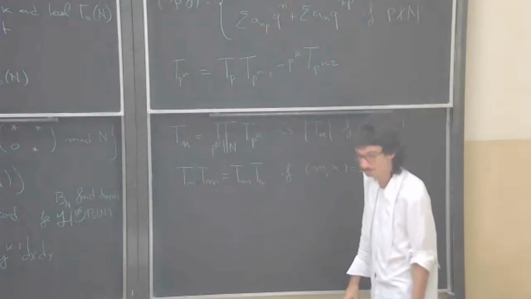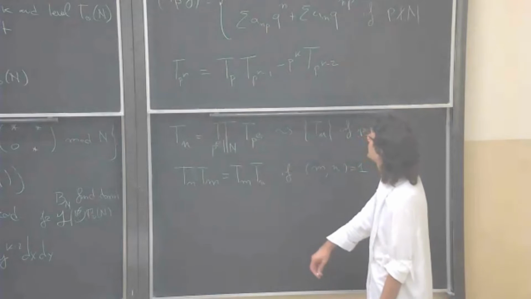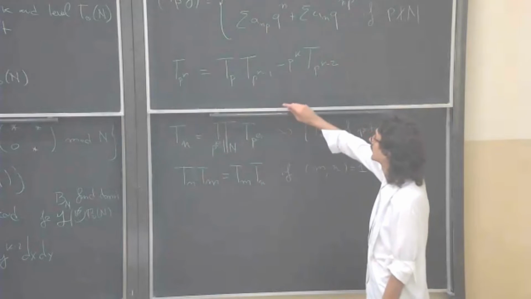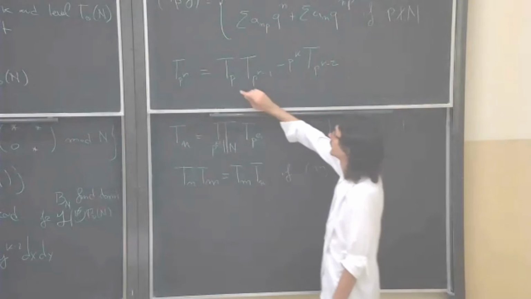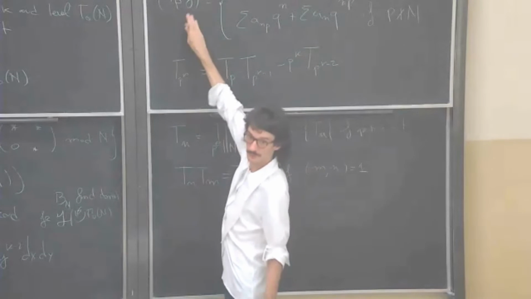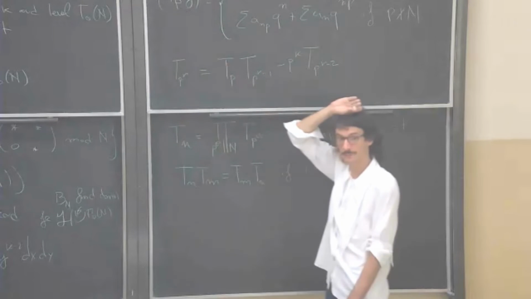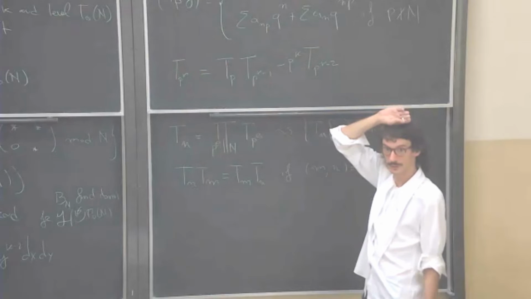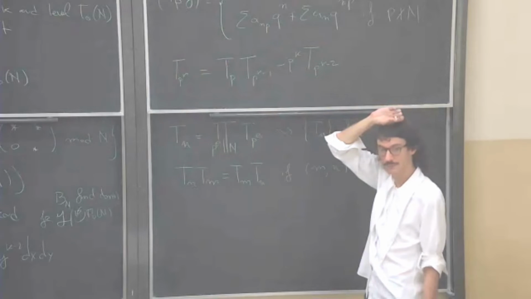In particular, if we take the family of the Tp's, the variable primes, it is made of only coprime indexes, and therefore all of them commute.